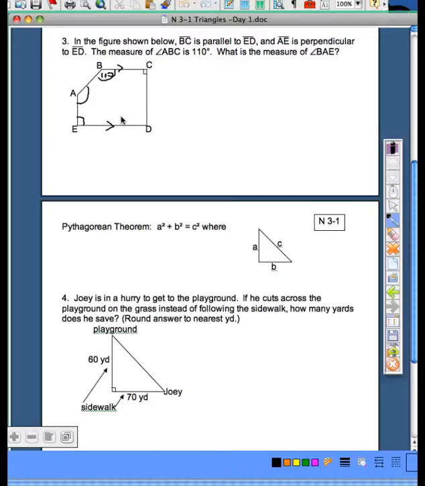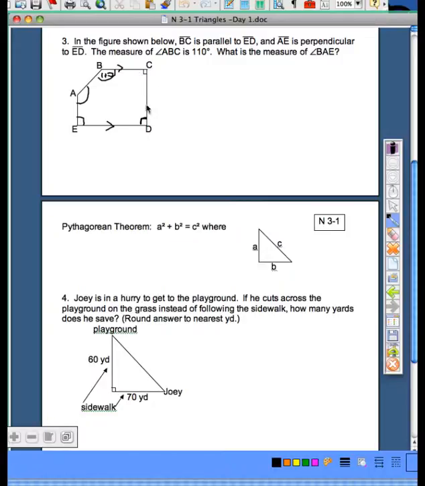If BC is parallel to ED, then these angles are going to be the same. If this is perpendicular, if this is a right angle, this is a right angle.